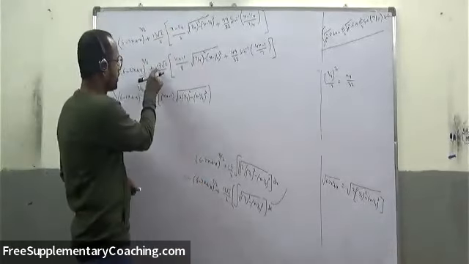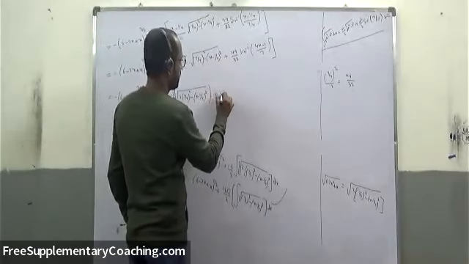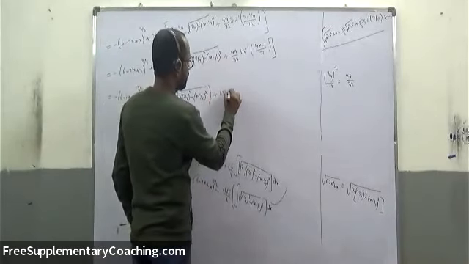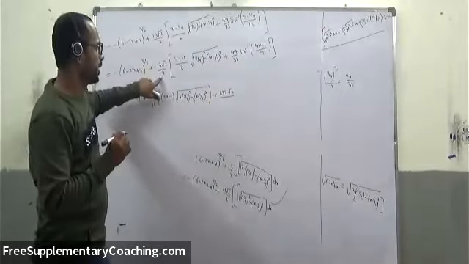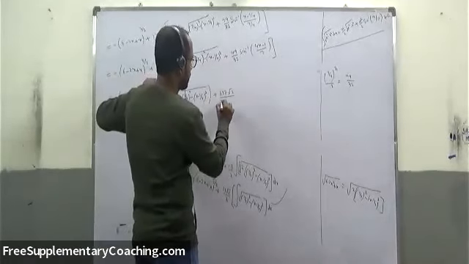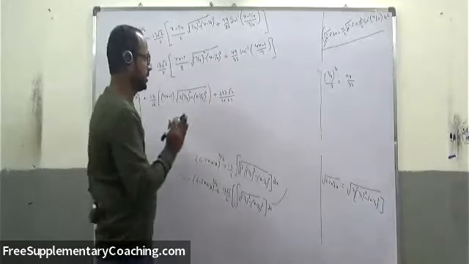So 13 into 49 gives plus 637 root 2 by 2 into 32. Listen clearly.